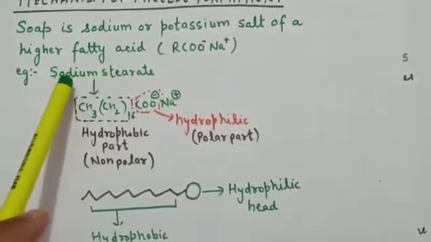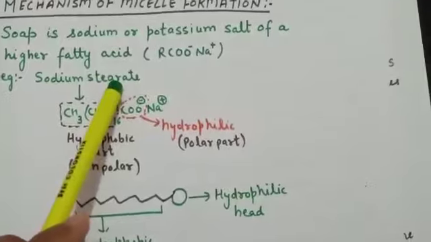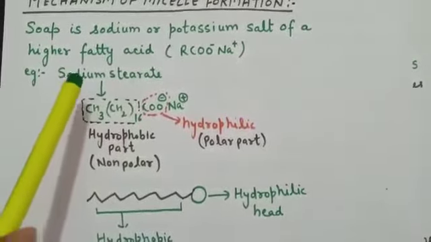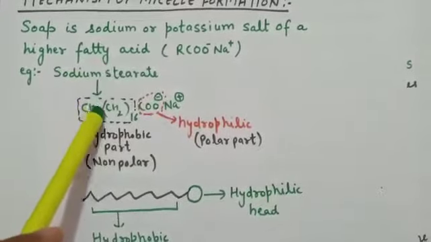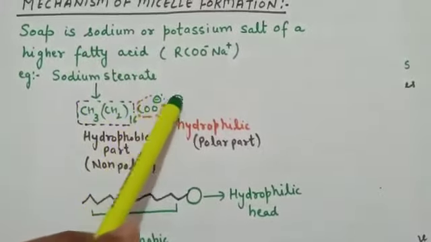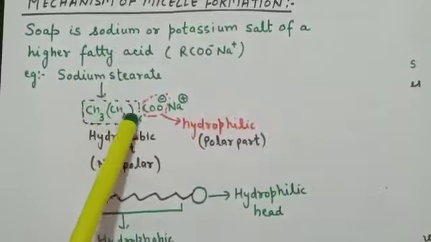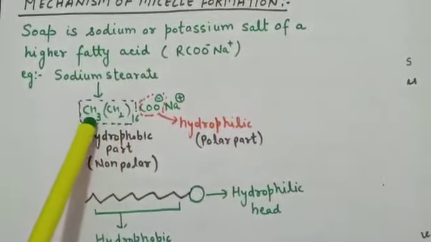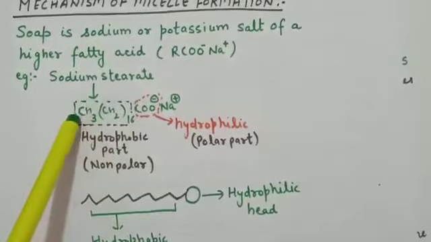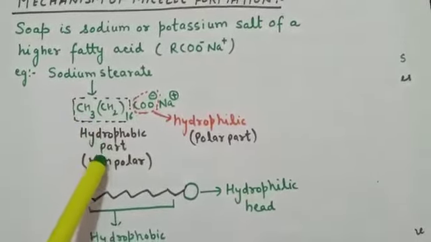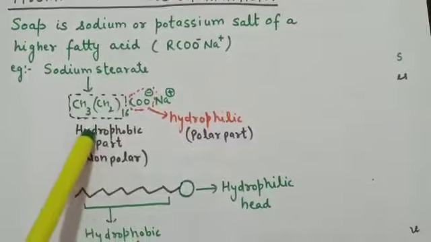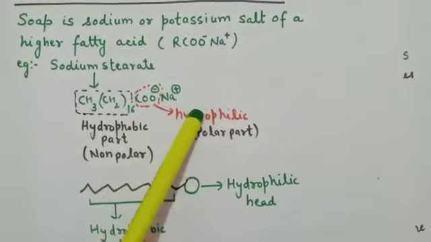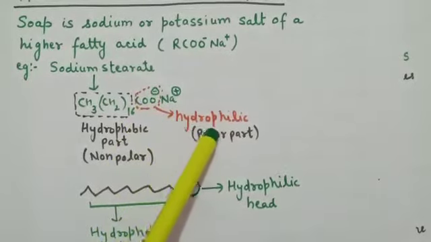Now let us take the example of sodium stearate, which is a major component in many soaps. The formula for sodium stearate is CH3(CH2)16COO negative Na positive. Here we have a long chain of hydrocarbon, and this dotted black line shows the hydrophobic part, that is, the non-polar part present in the soap, whereas the COO negative is the hydrophilic part, that is, the water loving polar part.